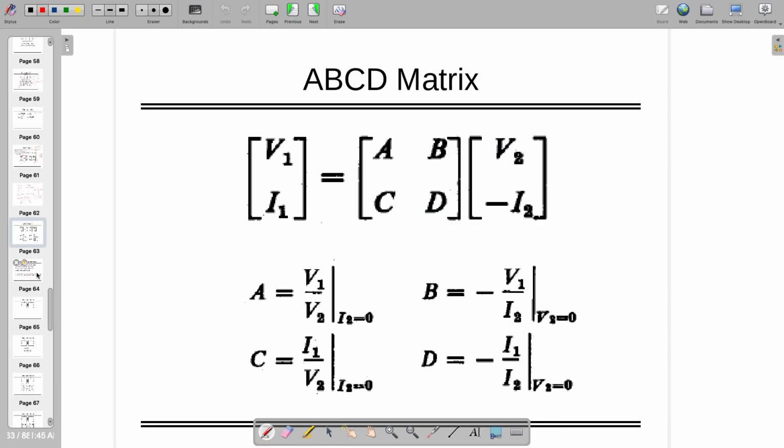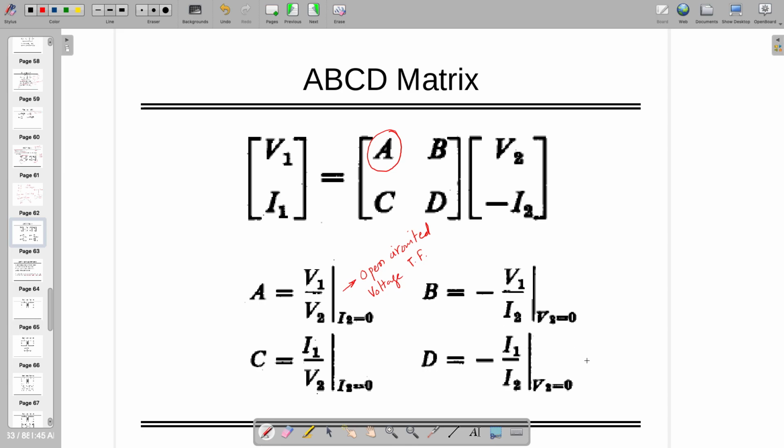Okay. So A parameter is nothing but V1 by V2 when I2 equals 0. Should I call it open circuit or short circuit? So I am going to call it open circuited. This is a ratio of voltages, so I am going to call it the voltage transfer function.